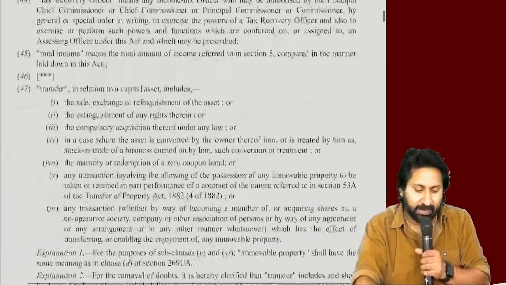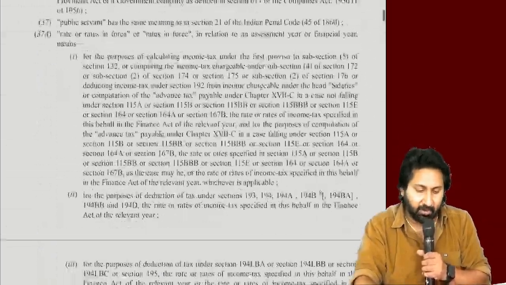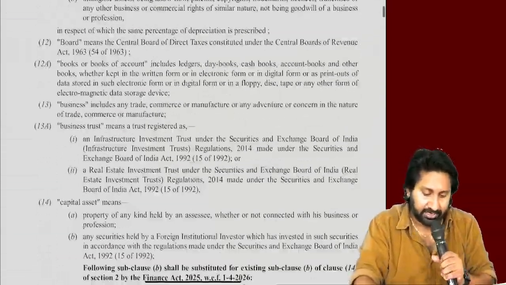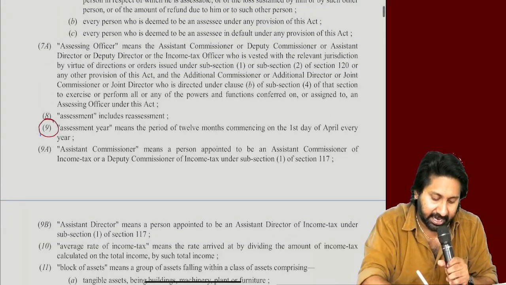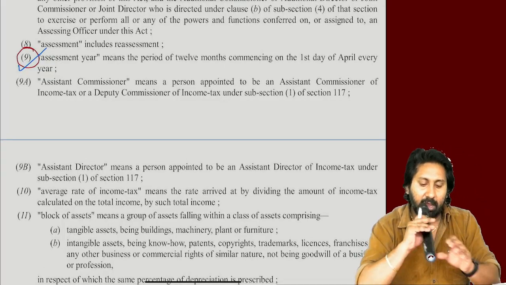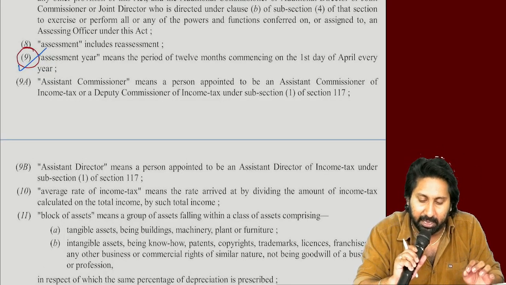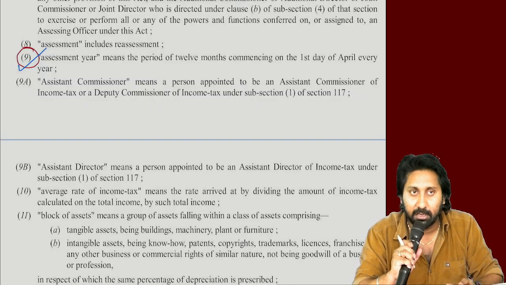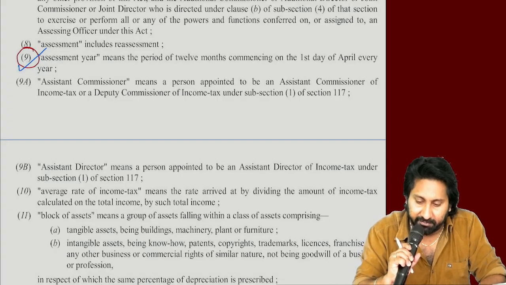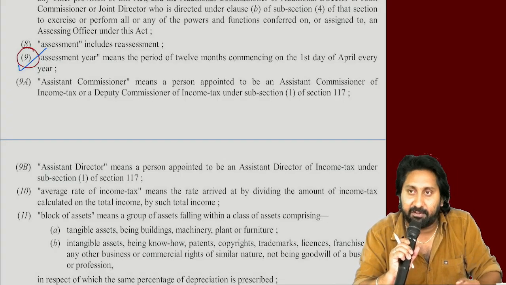Please see here. We are now going to read the definition of assessment year. It is in the beginning, in Section 2(9). What is assessment year? Assessment year means a period of 12 months commencing on the first day of April every year.